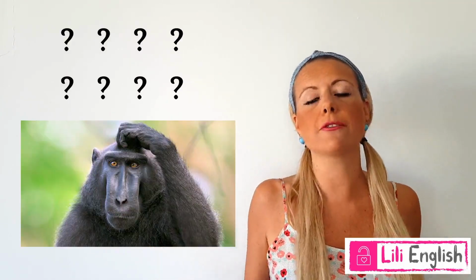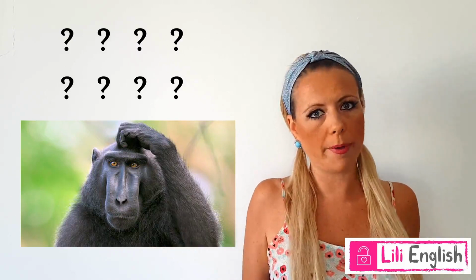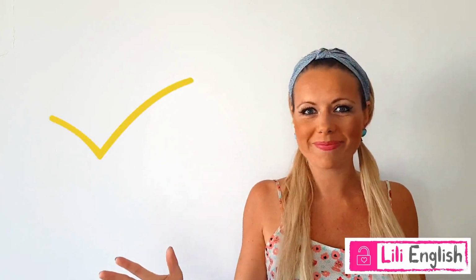Conditionals are a really important part of the English language, and people often get confused by the various forms and mix them up. So hopefully by the end of this lesson, the conditionals will be clear in your head and you will be able to use them correctly.